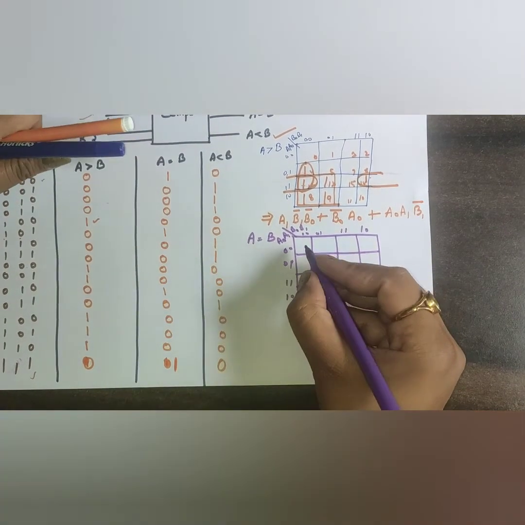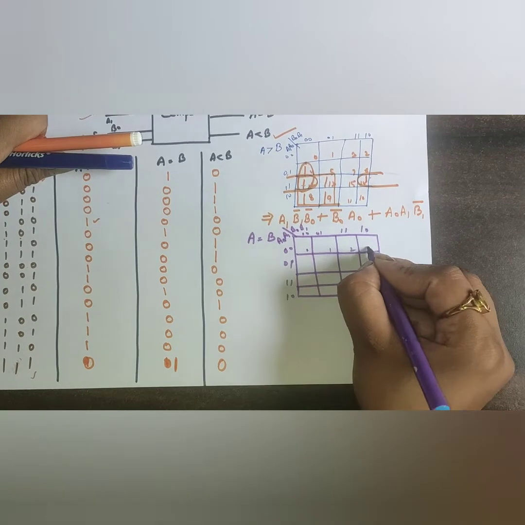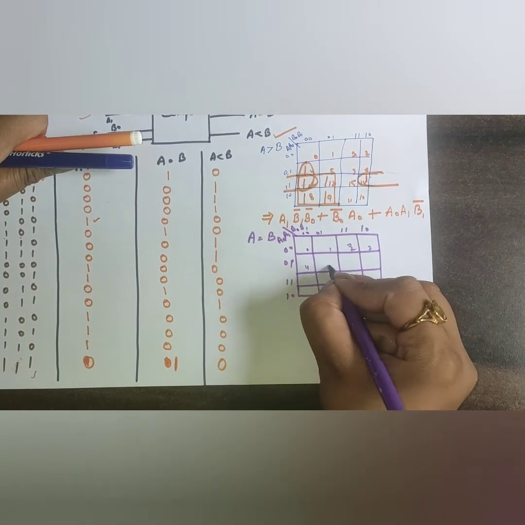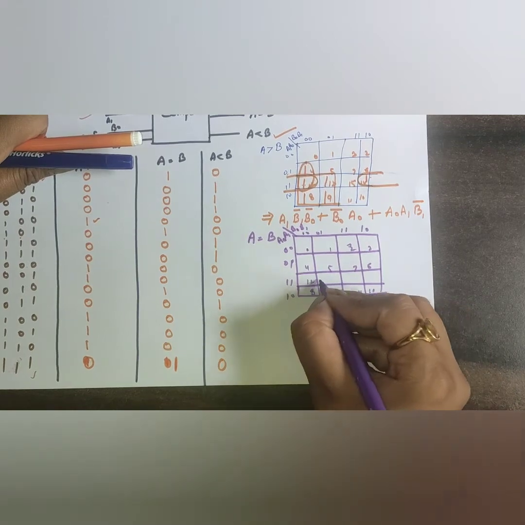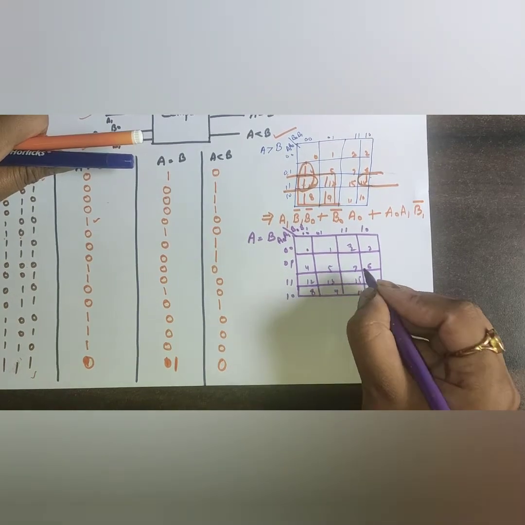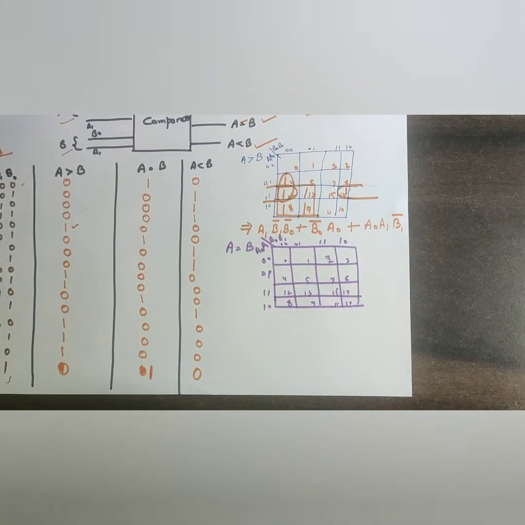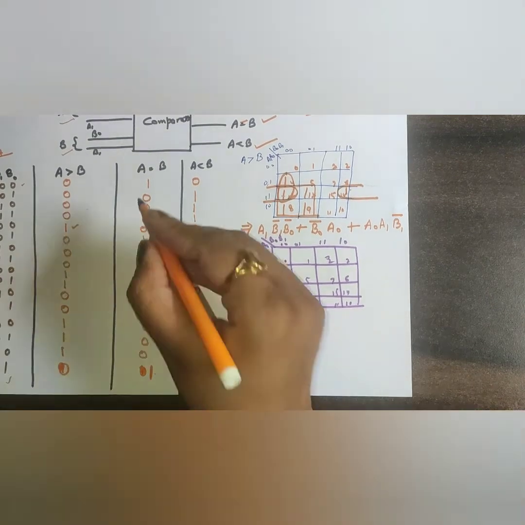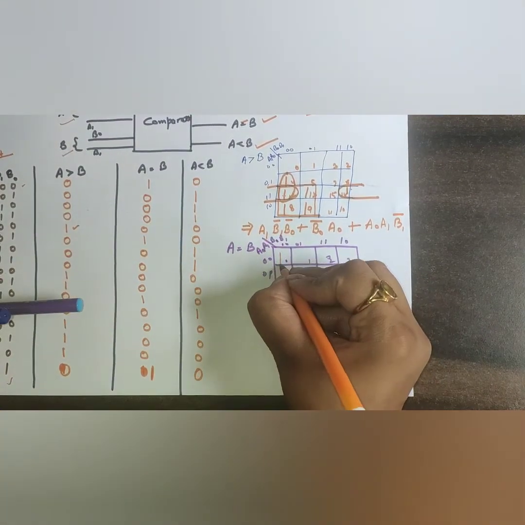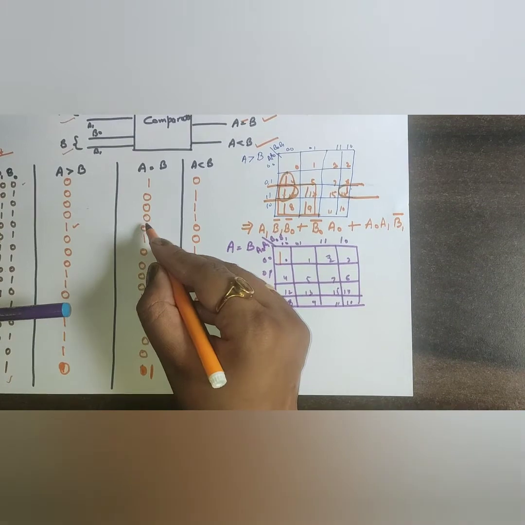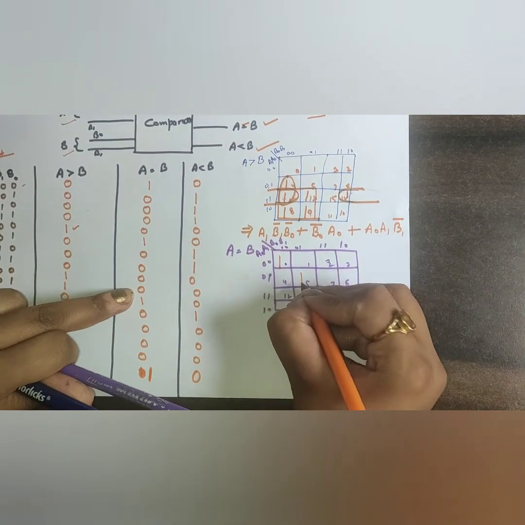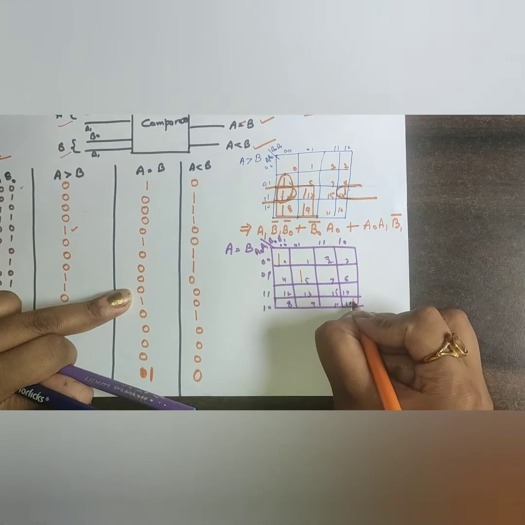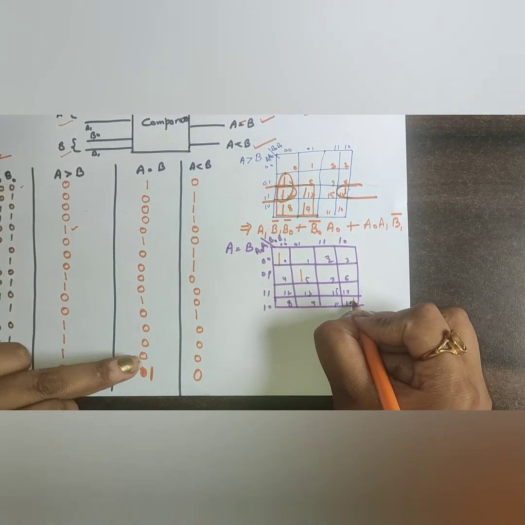The condition is 0 1 2 3 4 5 6 7 8 9 10 11 12 13 14 and 15. So here we have 1.